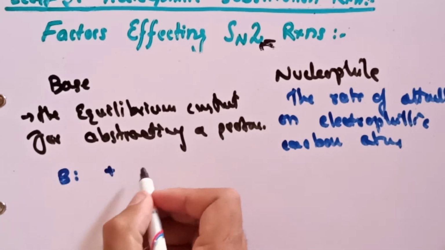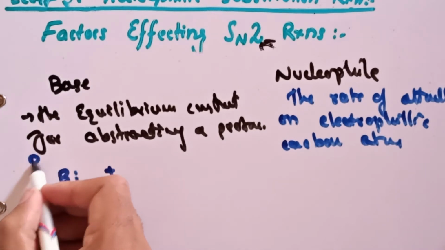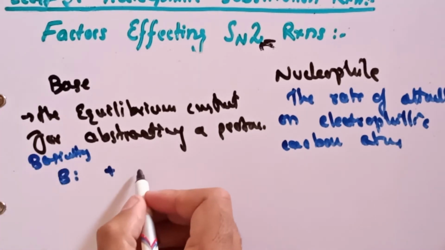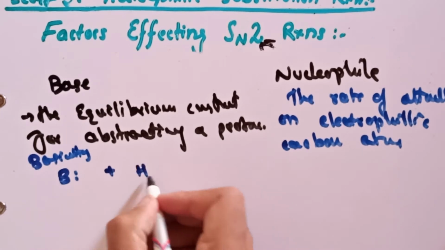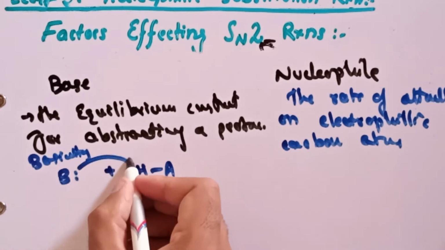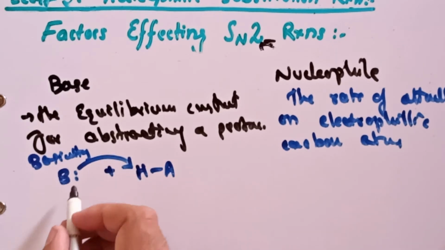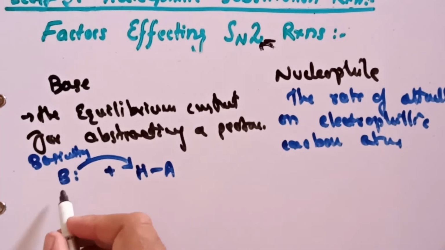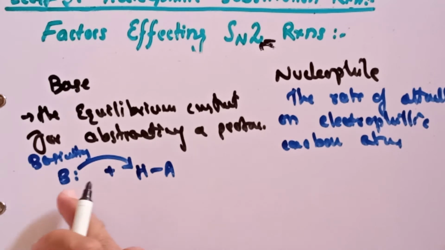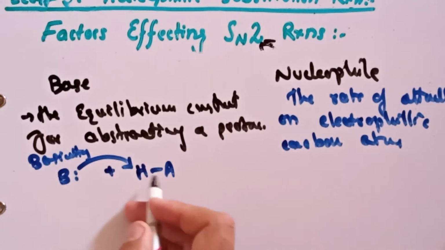This is base plus acid, that is basicity. When there is a proton present with any acid, the base will act as a proton acceptor. The nucleophile will act as the negative species, the species donating a lone pair, and it will act as a base and abstract a proton.